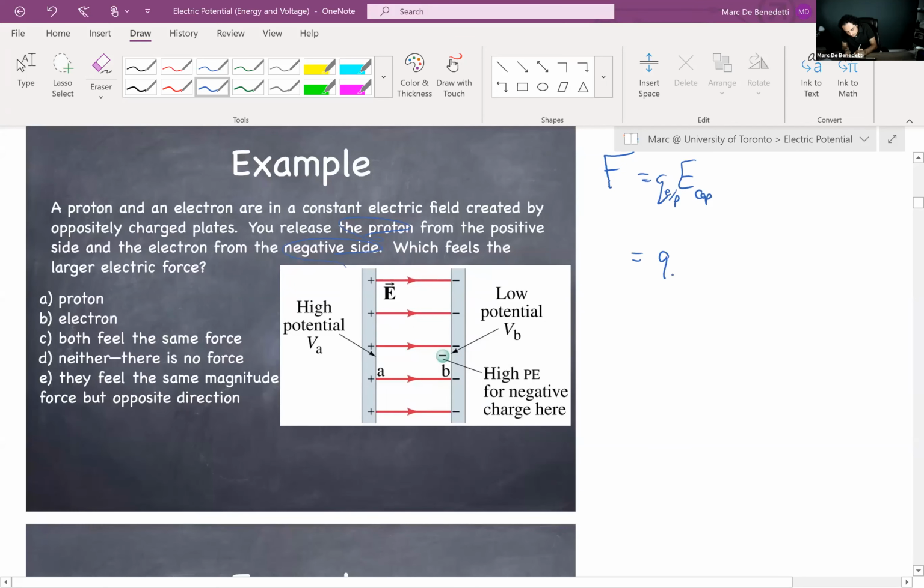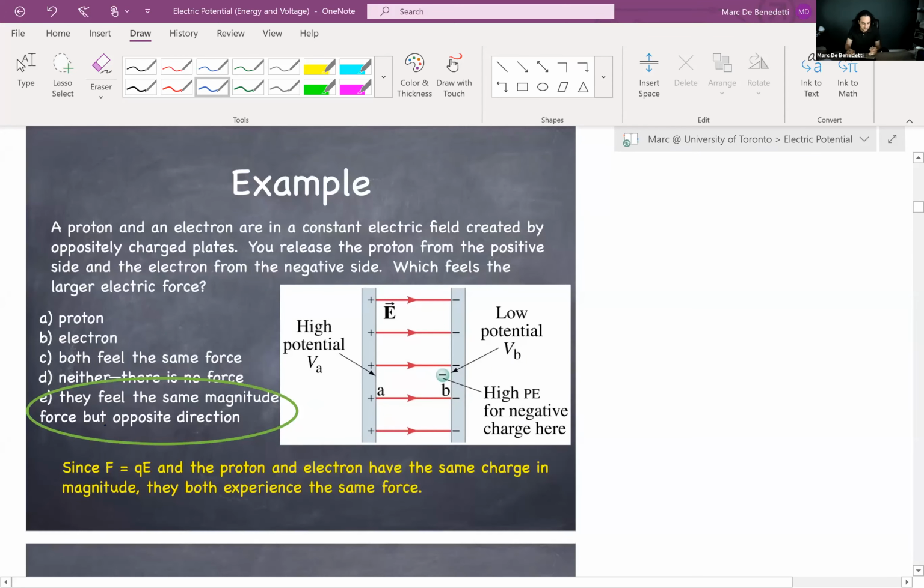So the electric field in a parallel plate capacitor, we know, is going to be given by the charge on the plate, the area of the plate, and epsilon naught. So which one's going to feel a larger force, electron or proton? Well, the E field is the same in both cases, and the charge on a proton is equal but opposite to that of an electron. So the answer is going to be the same. C. They both feel the same force.